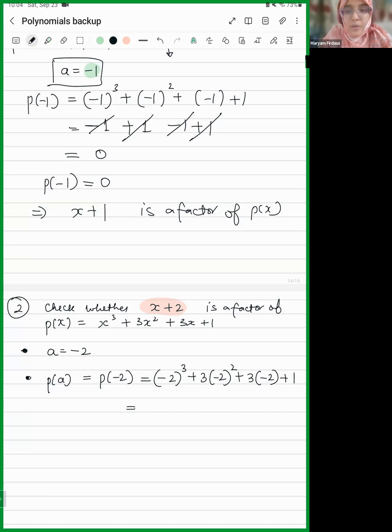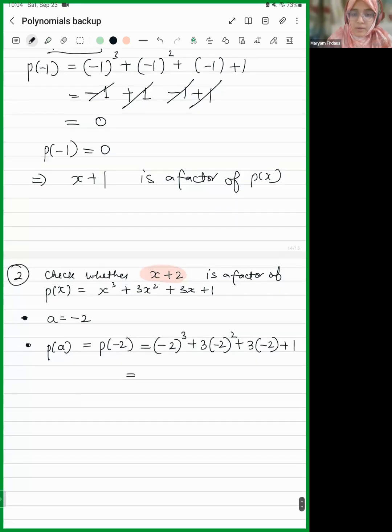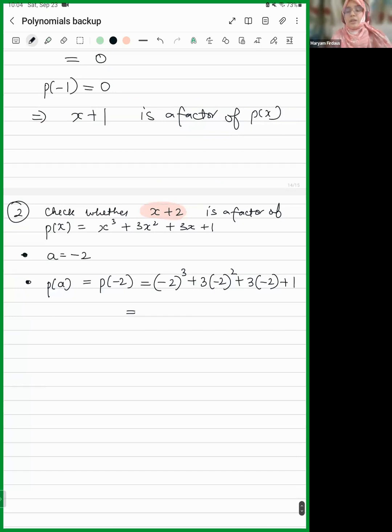Zen, what will it become? What is 2 cube? 2 into 2. You have to memorize the cubes at least till 10. 2 cube is 8. Anyway, Preshita, the remainder part that you have calculated, let's just see what it will be. I haven't reached there yet. So 2 cube is 8.